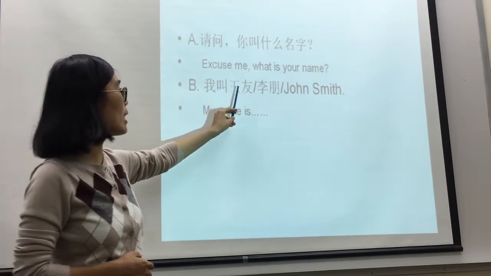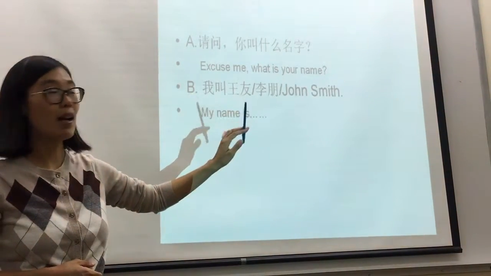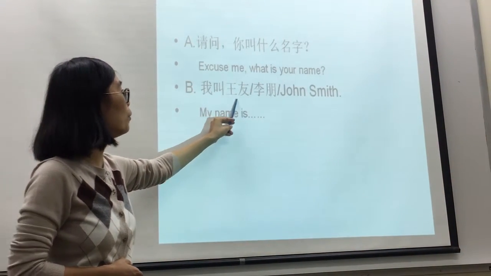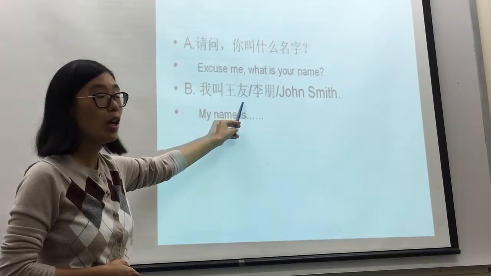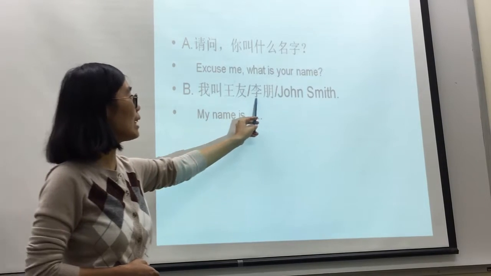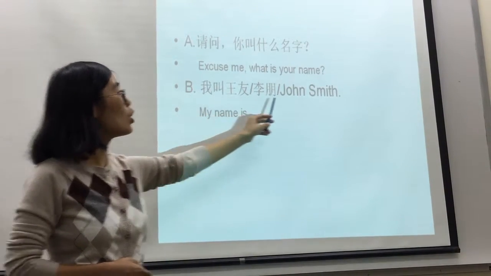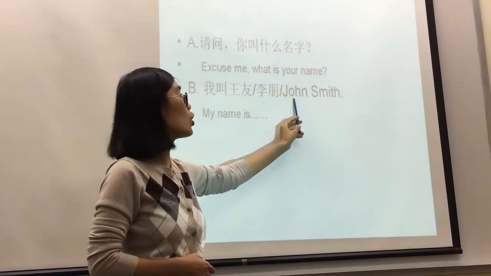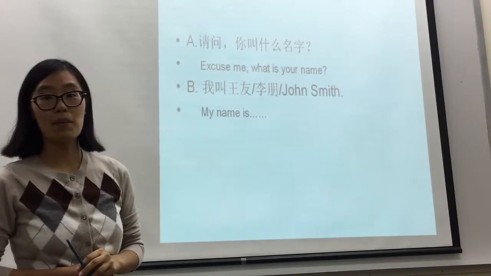And now we don't say 我姓王. No, we don't say my family name is blah blah blah. We say 我叫 full name. 我叫王倩, or 我叫李鹏, or 我叫 John Smith. So this is English name and this is the Chinese name.